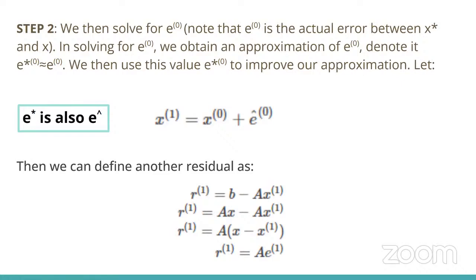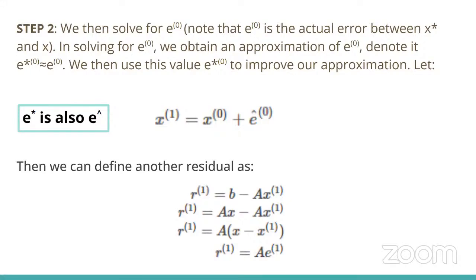We then use this value E star naught to improve our approximation. So let me just explain this. We know our error is equal to X plus the X star. That's the X which is the actual plus the X which is the approximation. Sorry about this, I just made an annotation there that E star is also E with cap. This is an image, I could not change it.